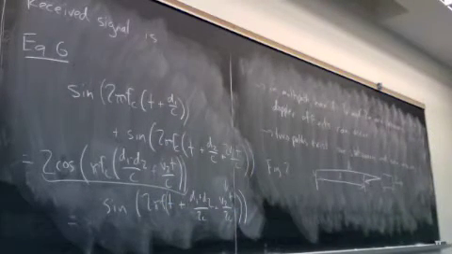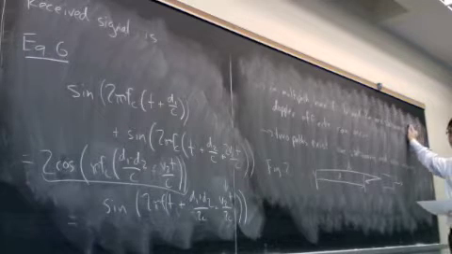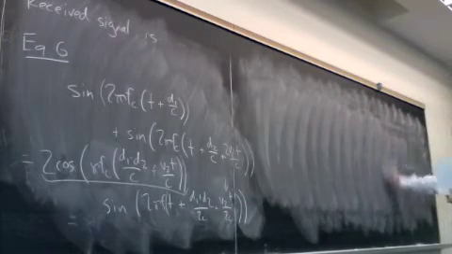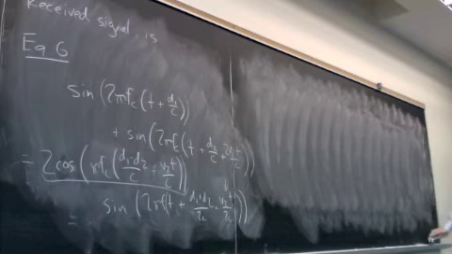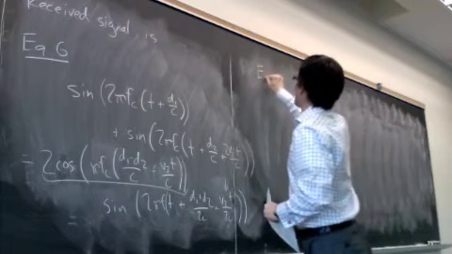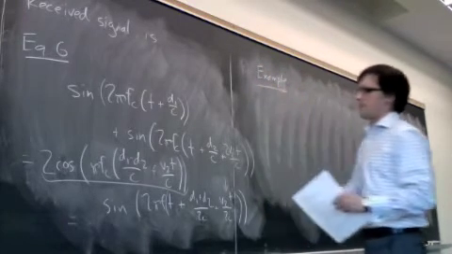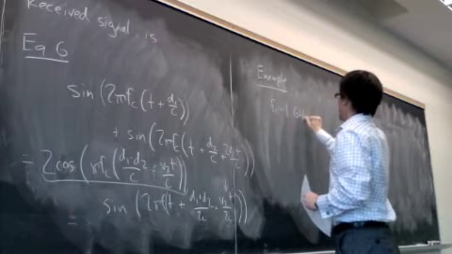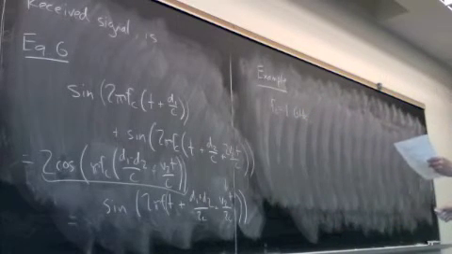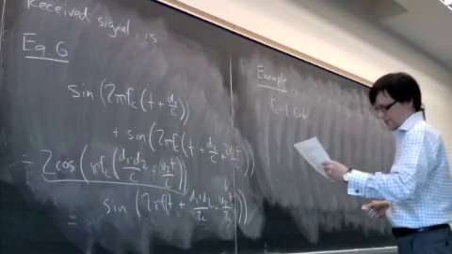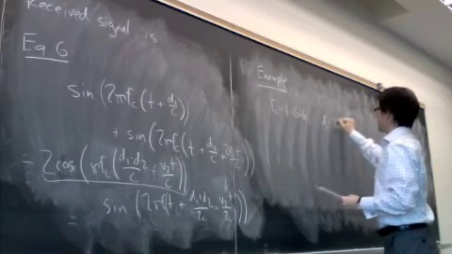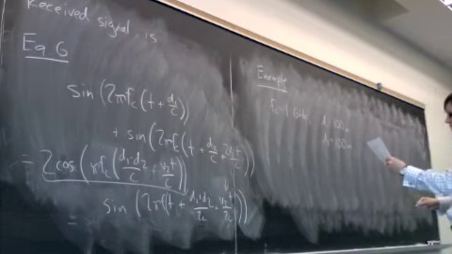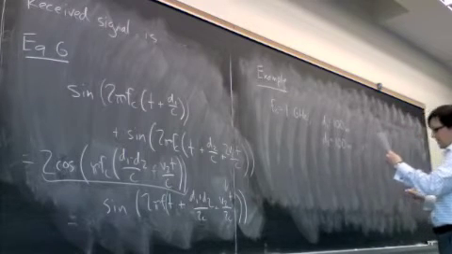Okay. For example, if fc is equal to 1 gigahertz, d1 is equal to 100 meters, d2 is equal to 100 meters initially, but v2 is equal to 27 kilometers an hour.